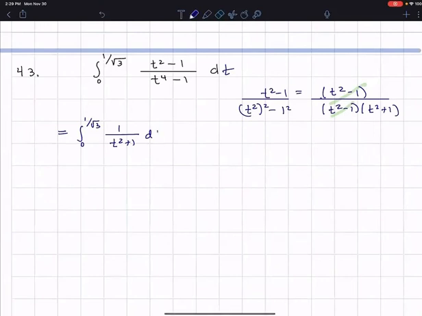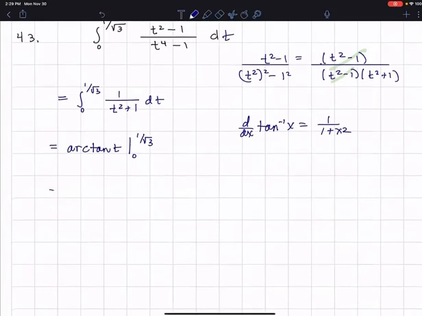And then the thing is that we are supposed to know that d dx of tangent inverse x is equal to 1 over 1 plus x squared, or 1 over x squared plus 1, so that the antiderivative of this one right here is arctan, or tangent inverse, of t, where we go from 0 to 1 over rad 3.